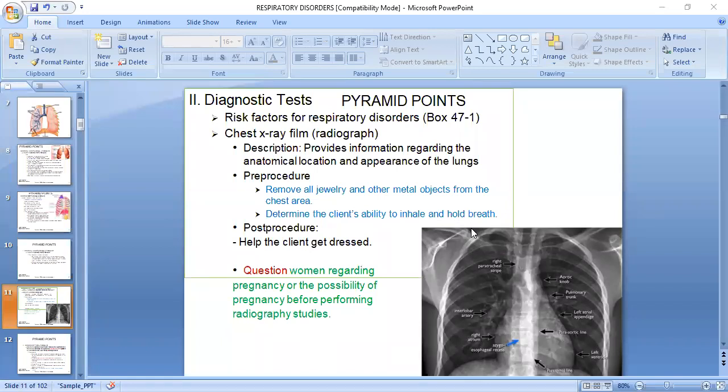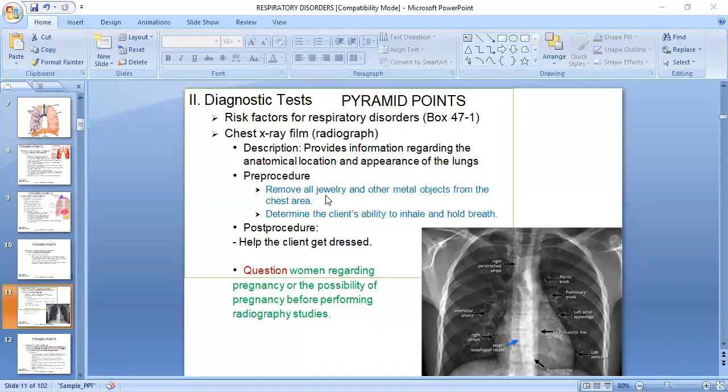Pre-procedure, before the technique, definitely you have to explain to the patient what will be done, and take their consent. Also remove all jewelry, and make sure the patient does not have any kind of pacemaker.